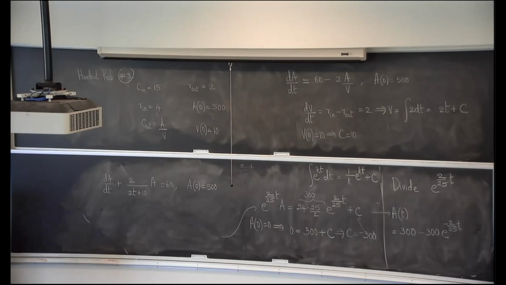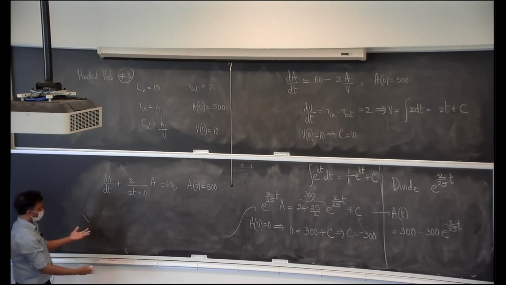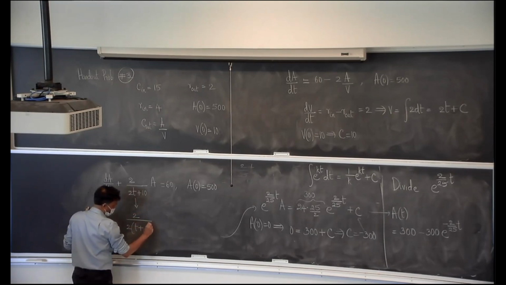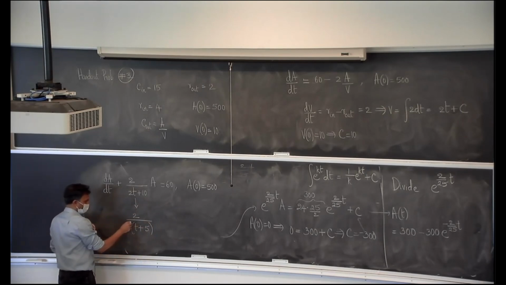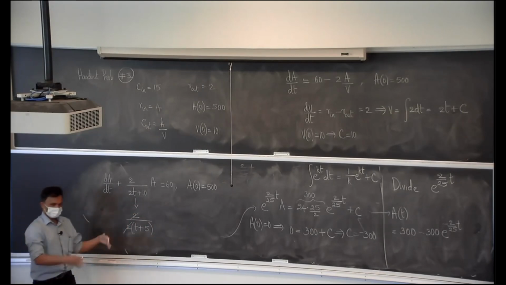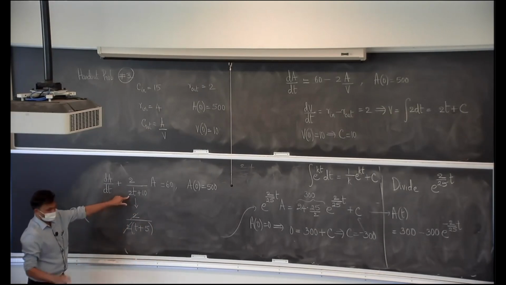Just like I mentioned in one of the earlier examples, try to do things which might make your life easier later. Okay. For example, in this case, you could write this as 2 over 2 times t plus 5. Not saying that this is always possible. When possible, try to clean things up. That will save you a lot of unnecessary things to worry about with integration and so on later. If you keep this 2, there's nothing wrong.